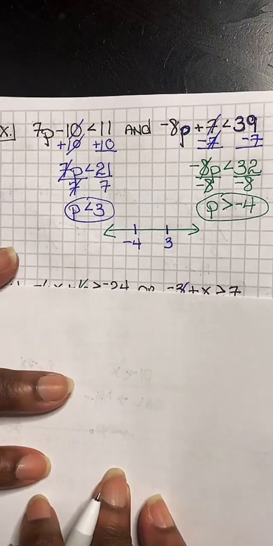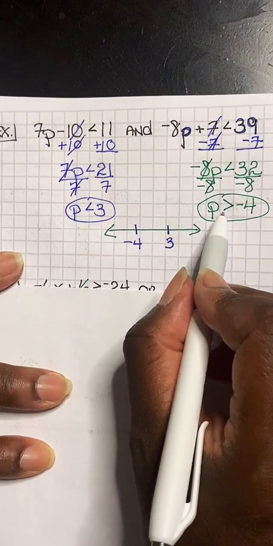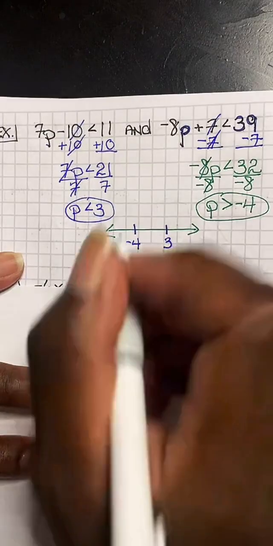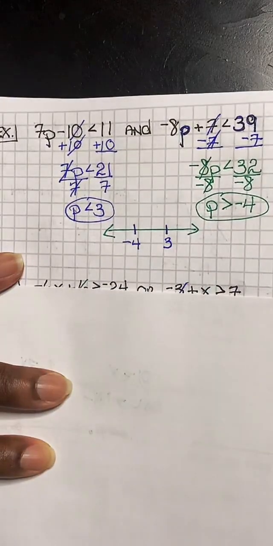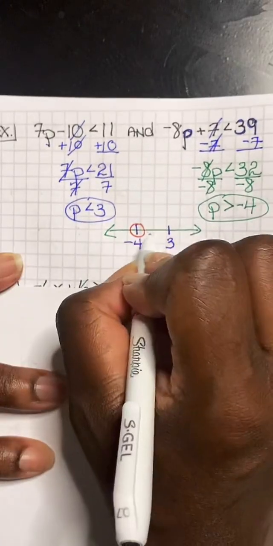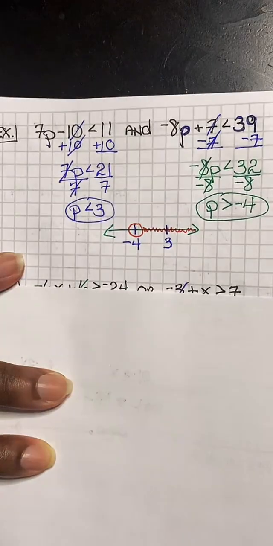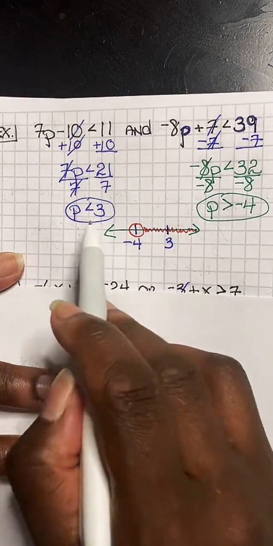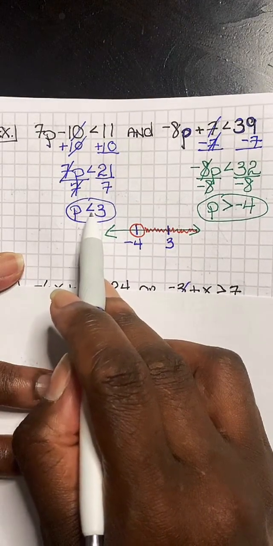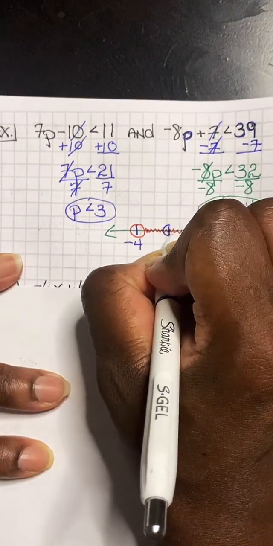Okay, see how that kind of flipped a little bit? So this is saying P is greater than negative 4. So it's going to be an open circle. And it's greater than, that means we're shading this way. Whereas this is saying P is less than 3. And that's also an open circle.